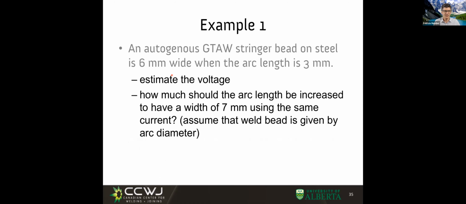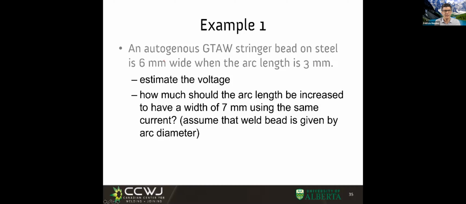Let's get serious. This is the type of problem you should expect in quiz 3. For example, let's say we're doing a TIG weld, and the arc length is 3 millimeters, right?